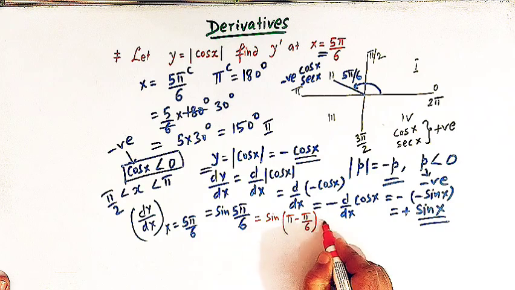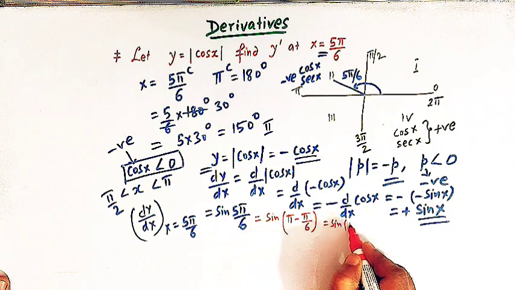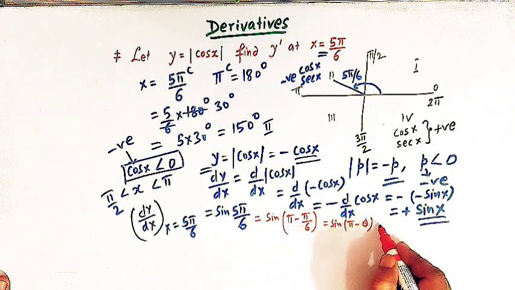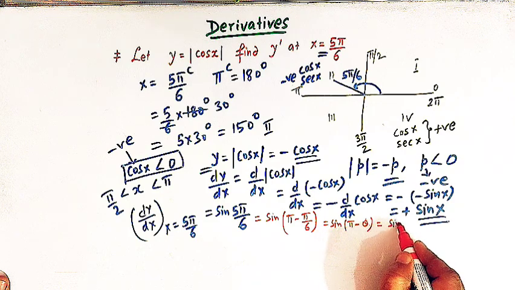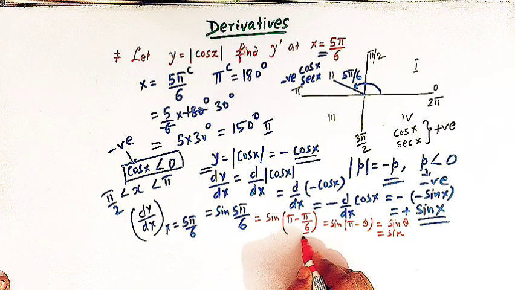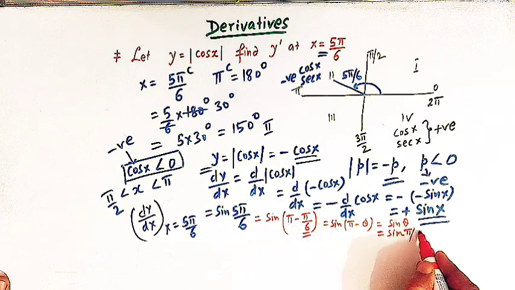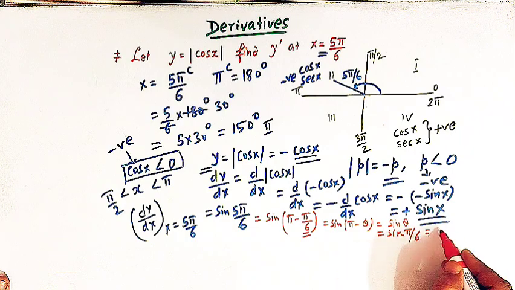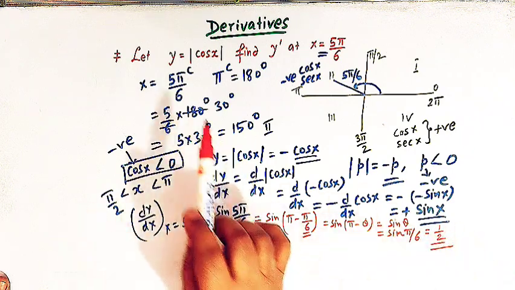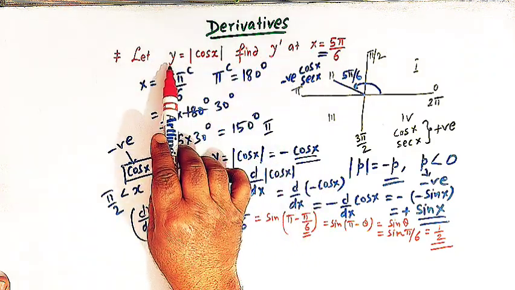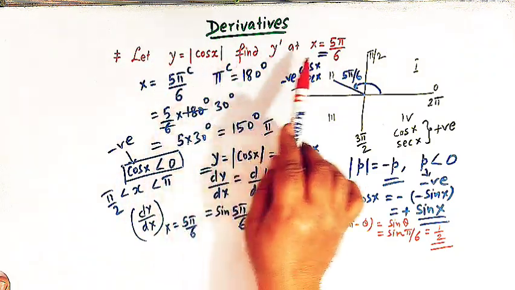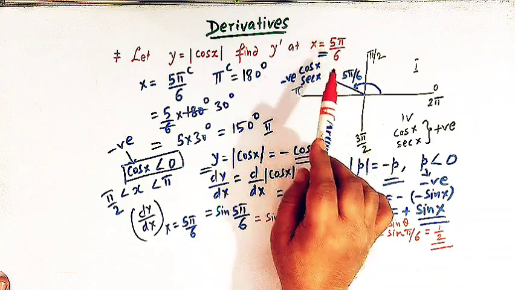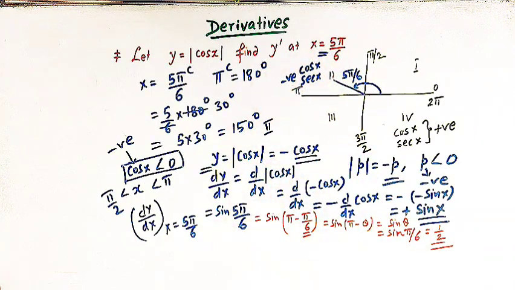This is of the form sine of pi minus theta, and sine of pi minus theta is equal to sine theta. So we have sine of pi by 6, and sine pi by 6 is sine 30 degrees, that is equal to half. So the value of the derivative of y is equal to mod of cos x at x is equal to 5 pi by 6 is half.